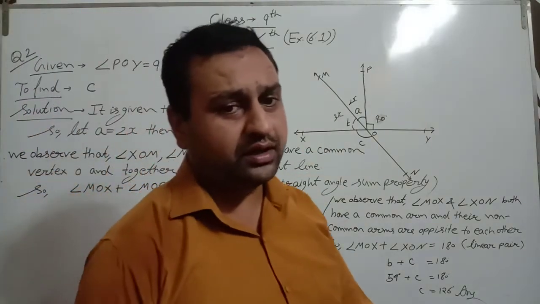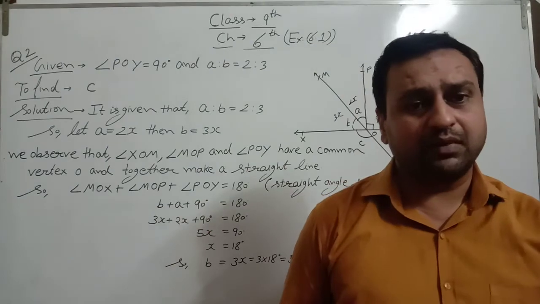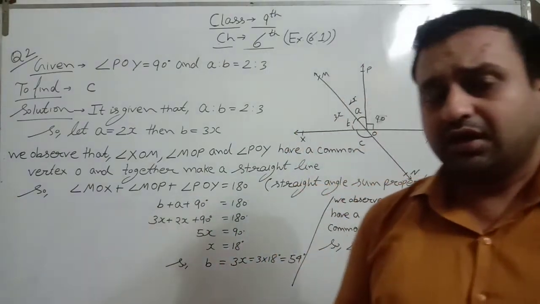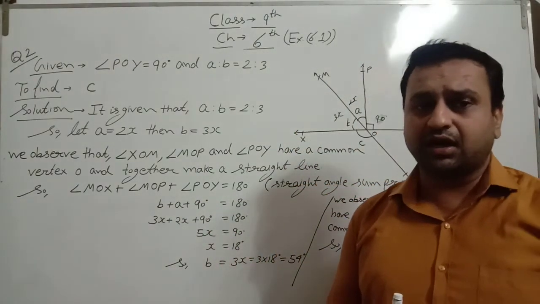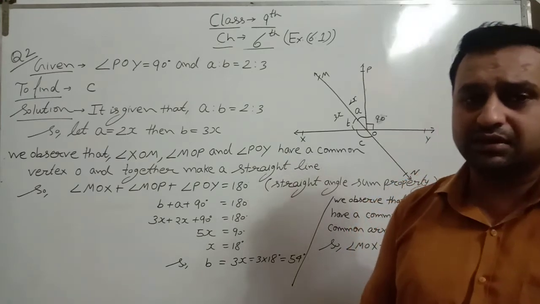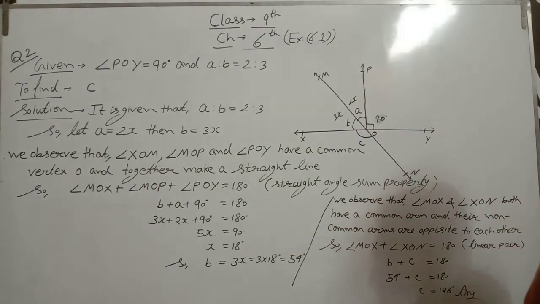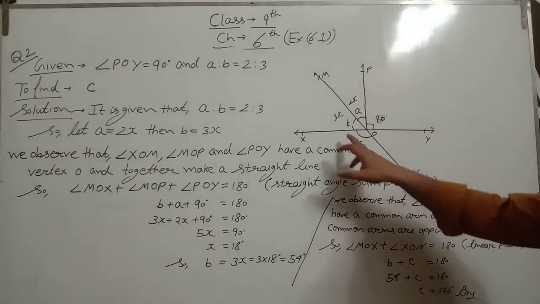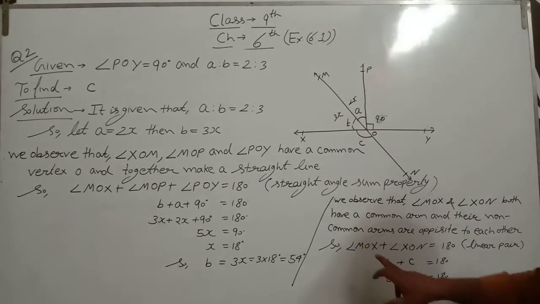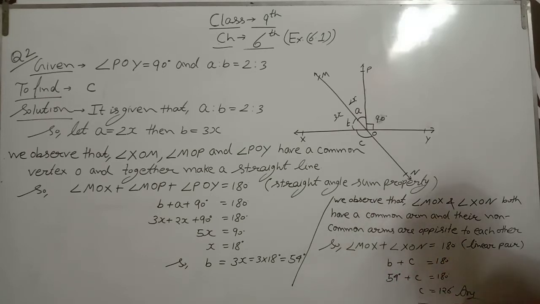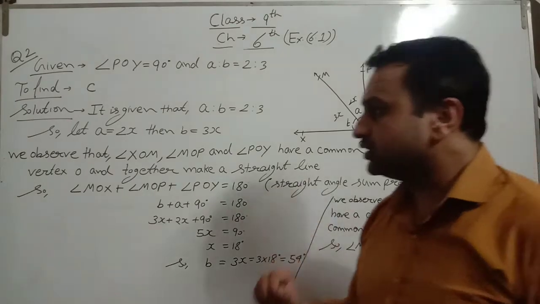Remember, if two angles have a common arm and a common vertex and their non-common arms are opposite to each other, then these angles are called linear pair angles, and the sum of linear pair angles is 180 degrees. So the sum of these two angles is 180 degrees. Put their values and calculate C is equal to 126 degrees. I hope you understand. Note it down.